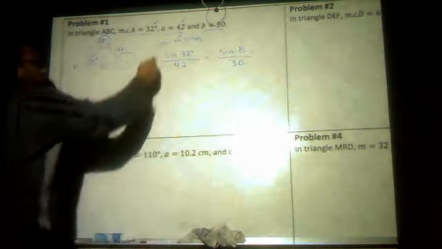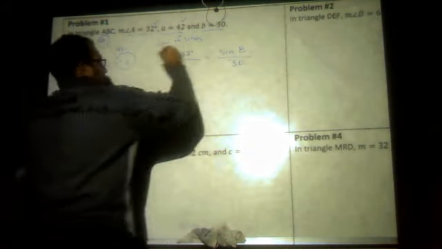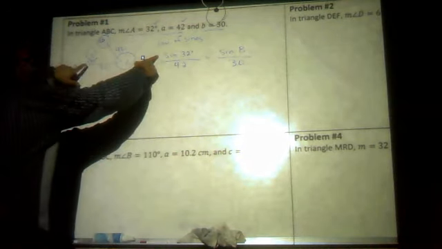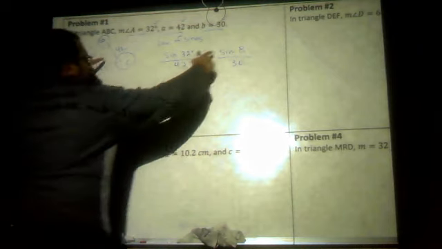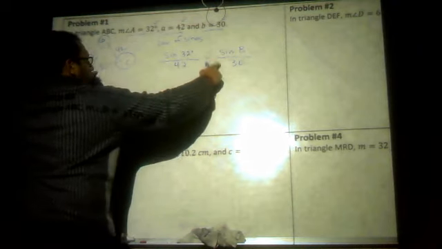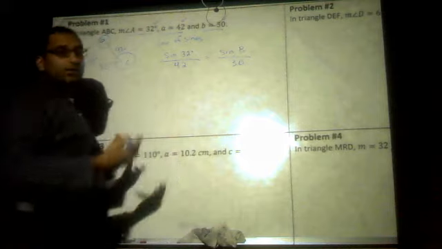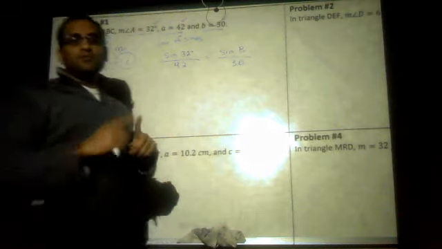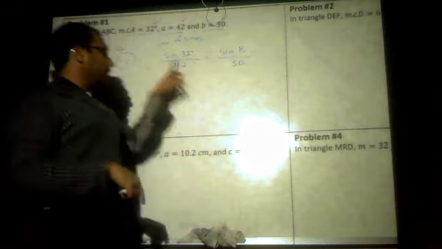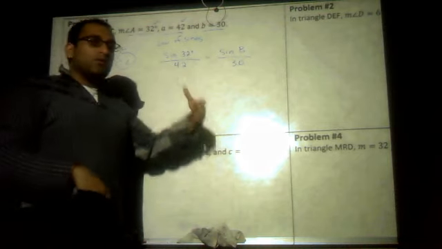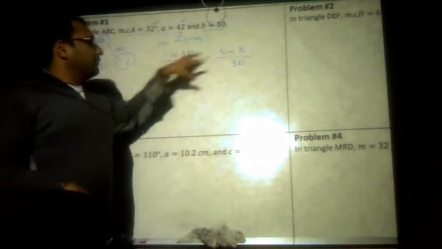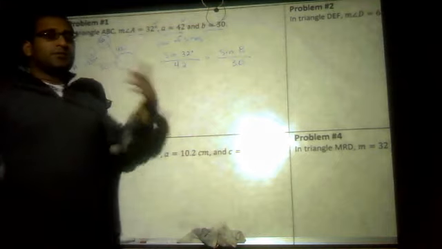If you're confused on how I got this, the only thing that I did is I said that the sine of angle A divided by side a is equal to the sine of angle B divided by side b. I can only have one thing that I don't know in the law of sines. Why? Because if you know 3 things, you'll be able to solve for the 4th.